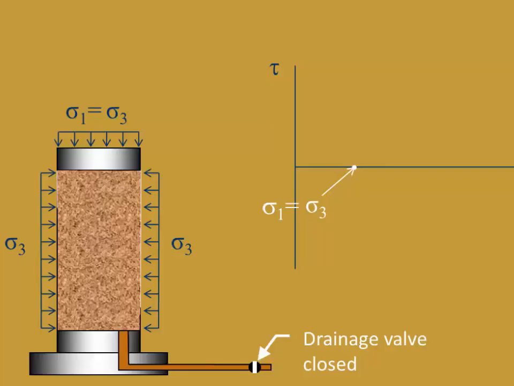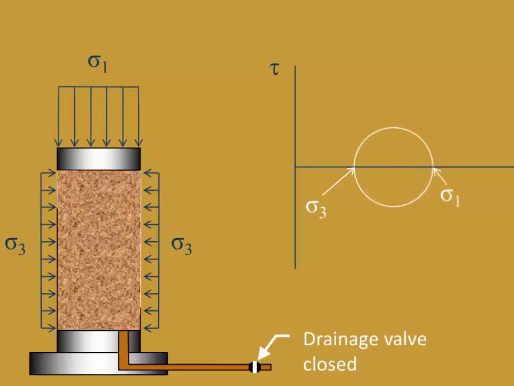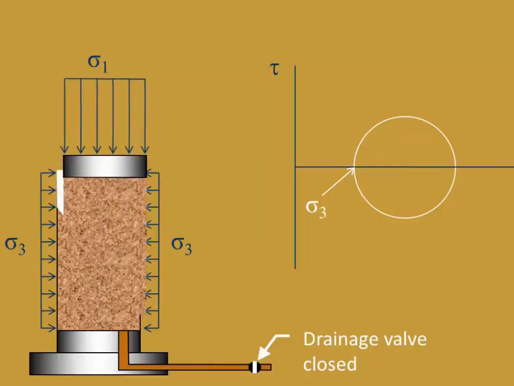However, the Mohr circle moves to the right along the sigma axis as the cell pressure increases. Once the consolidation phase is complete, the shear phase starts by increasing the vertical stress applied to the specimen. The minor principal stress sigma 3 does not change as we shear the specimen. We continue to increase the vertical stress until the specimen fails. Again, the maximum principal stress at failure is sigma 1f, and the soil has an undrained strength SU.